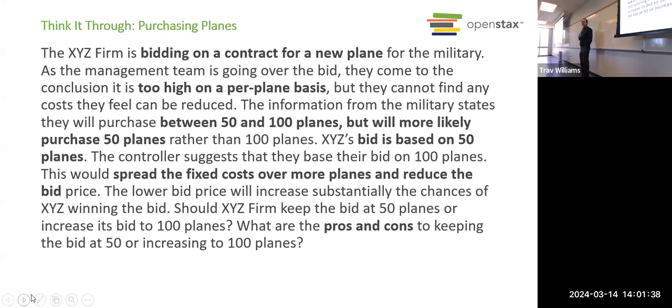They only buy 50. Because then we based our costs on 100. And if we only are going to sell 50 and we have to stick to the same cost, we lose profit, right? Because now we're not spreading our fixed costs across 100 planes, it's only across 50. So that's going to reduce our profit and, depending on the situation, maybe even push us into a situation where we're losing money on the deal.